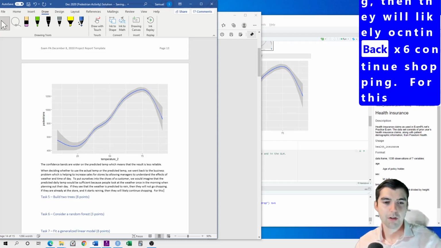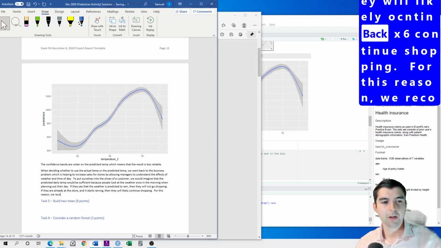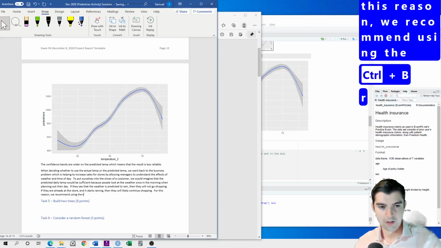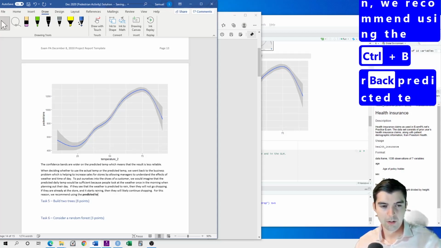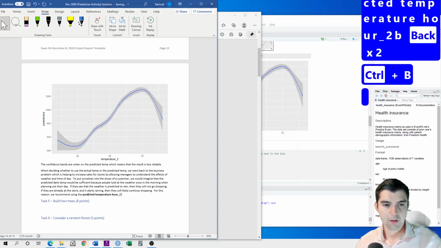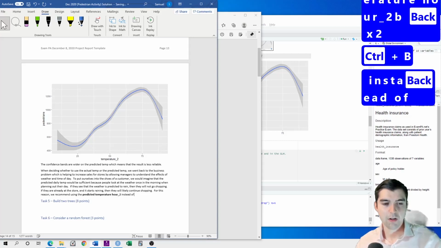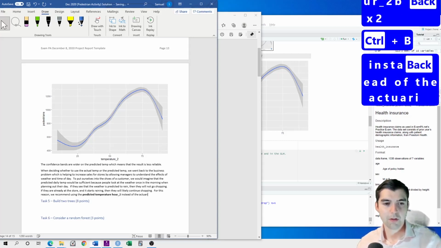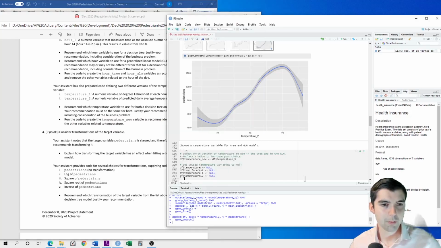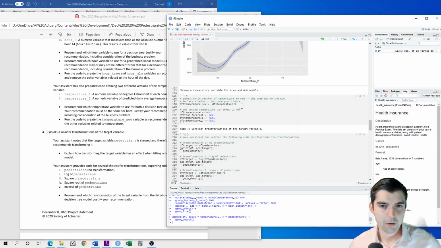For this reason, we recommend using the predicted temp instead of the actual temp. Justify the recommendation, including consideration of the business problem. Run the code to create the temperature new variable as recommended and remove the other variables related to temperature. So we're saying temperature new is temperature 2.